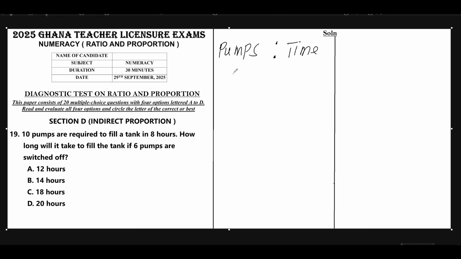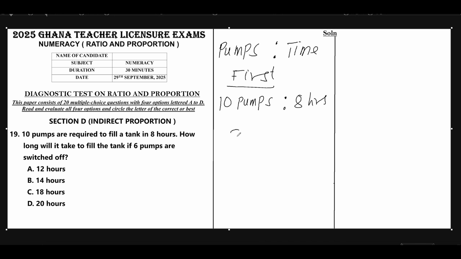So the first instance, let's see, we have 10 pumps using 8 hours. That is for the first instance.